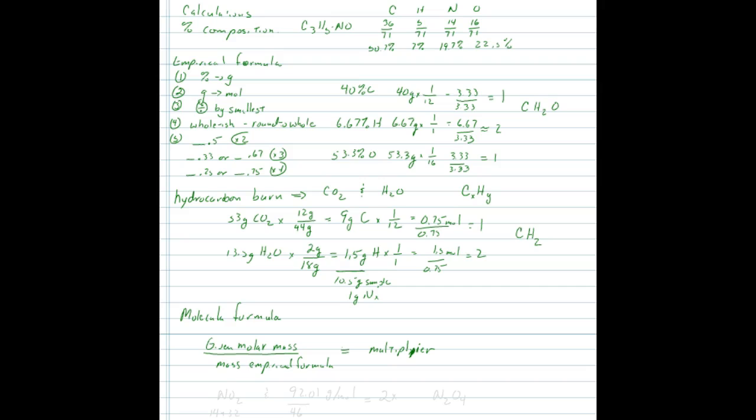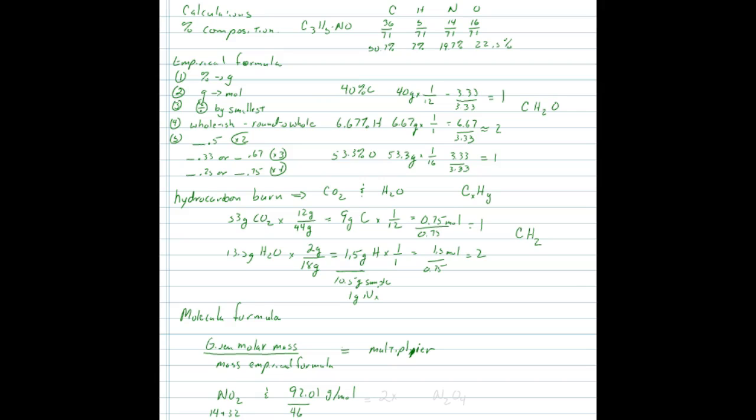Okay? So, for example, you have a compound with an empirical formula of NO2 and a molar mass of 92.01 grams per mole. So you find the molar mass of NO2, 14 plus 2 times 16 is 32, is 46.